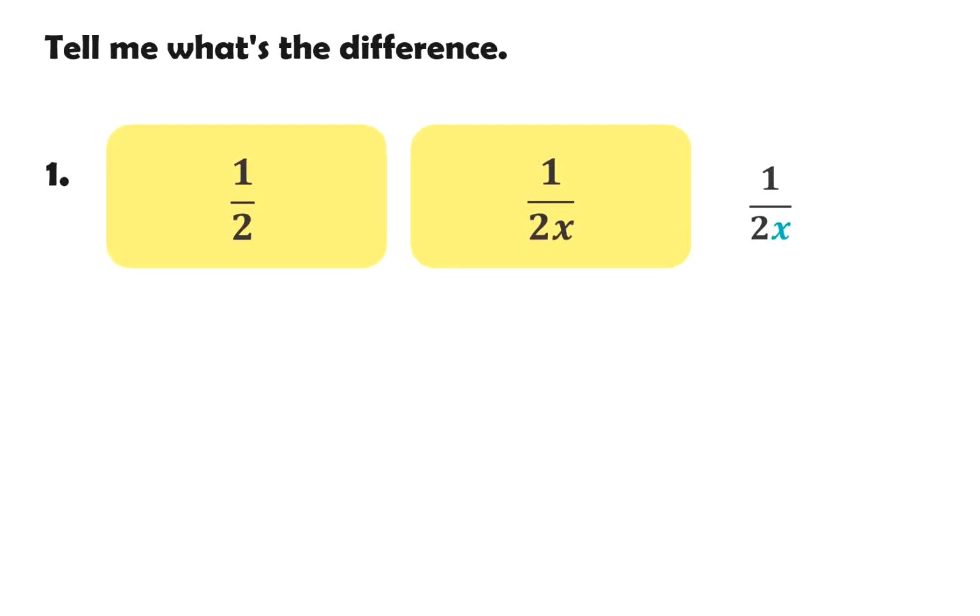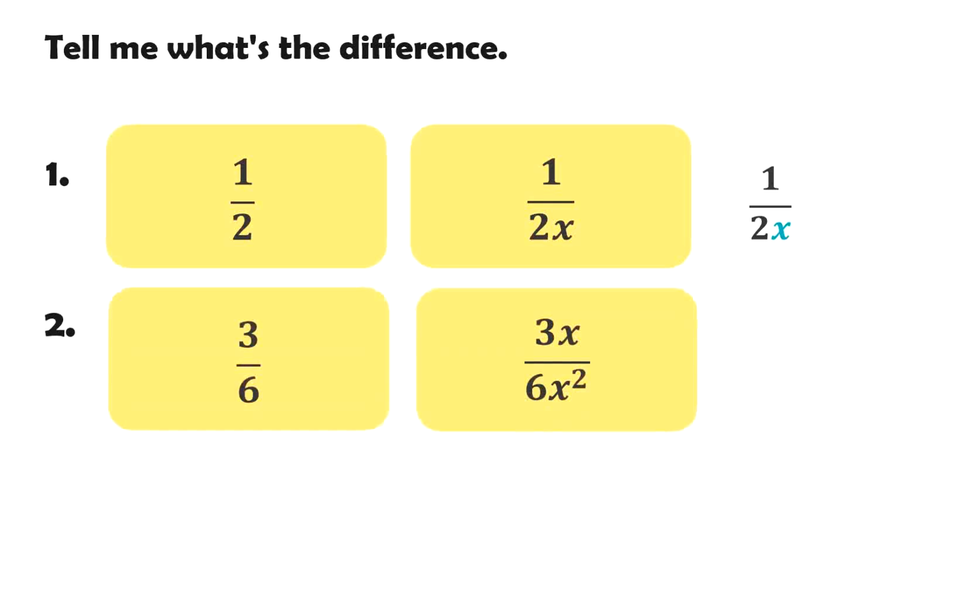Now, how about number 2? Now, kung ang sagot ninyo ay yung pangalawang given ay may variable na x at variable na x squared, that is correct. Now, how about number 3?